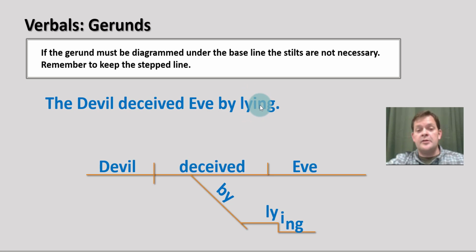It is a gerund because you have the form of lie. It's changed because of the suffix, but ing is still added on there. So lying is a gerund functioning here as the object of the preposition.